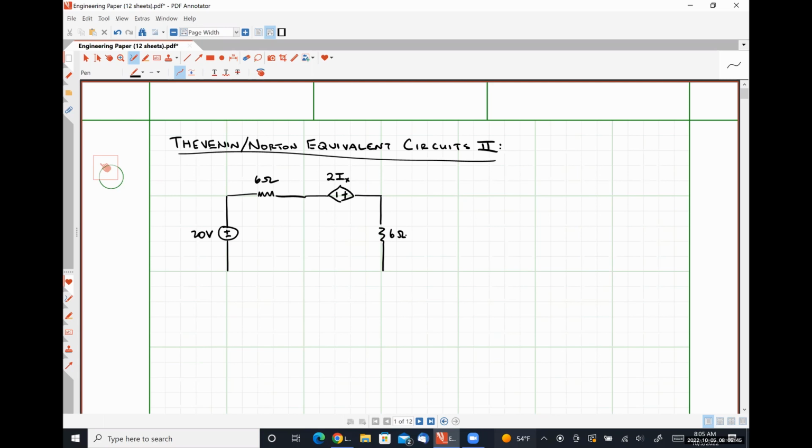Let's have a 6-ohm resistor like so, and define our current Ix as the current flowing down through this particular 6-ohm resistor. Then over here, we have a 10-ohm resistor. And across our bottom thing here, we have an open circuit.